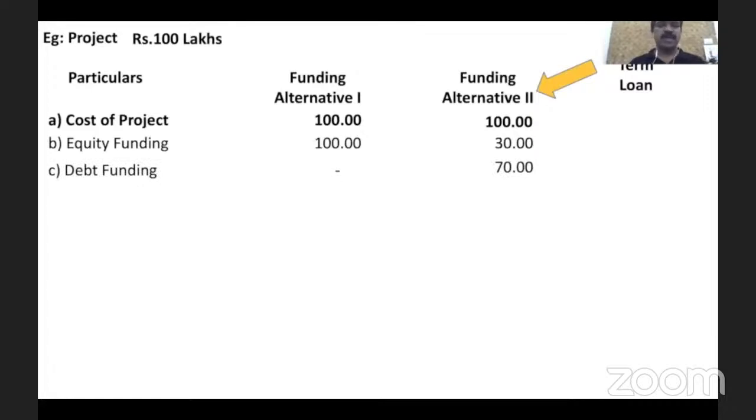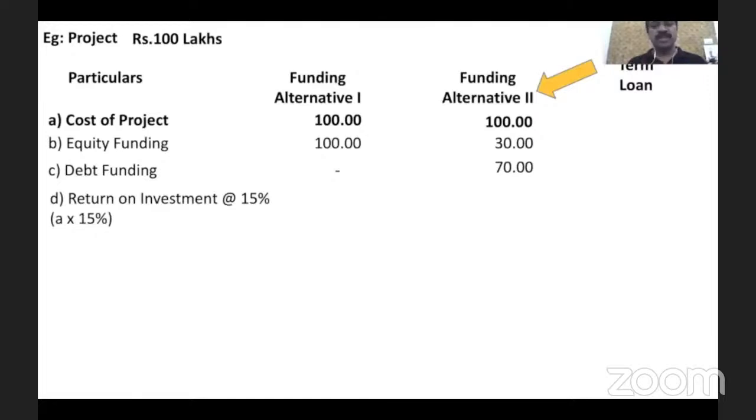Now listen. This project is taken up with an understanding that this project will generate a minimum return of a certain percent. Let's say this project is capable of generating a minimum return on investment of 15%. So this is the return which this 100 lakhs will generate.